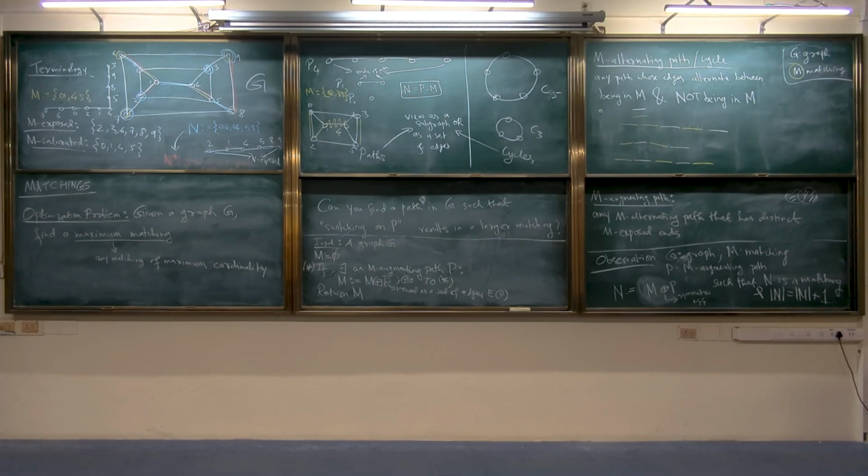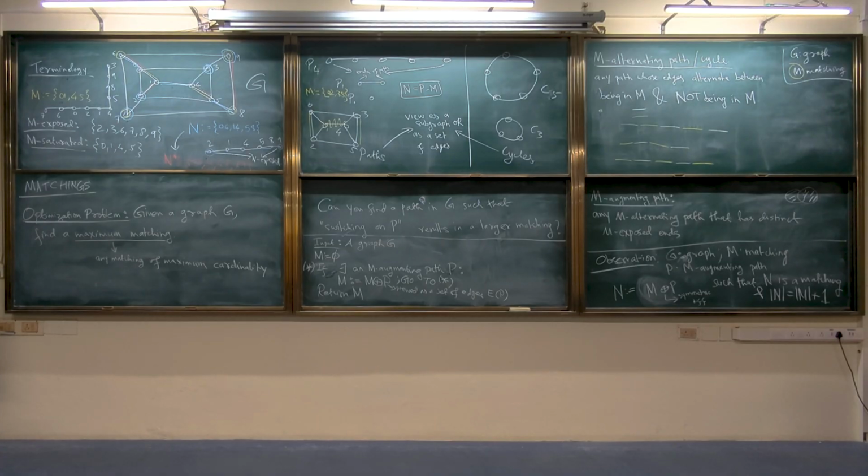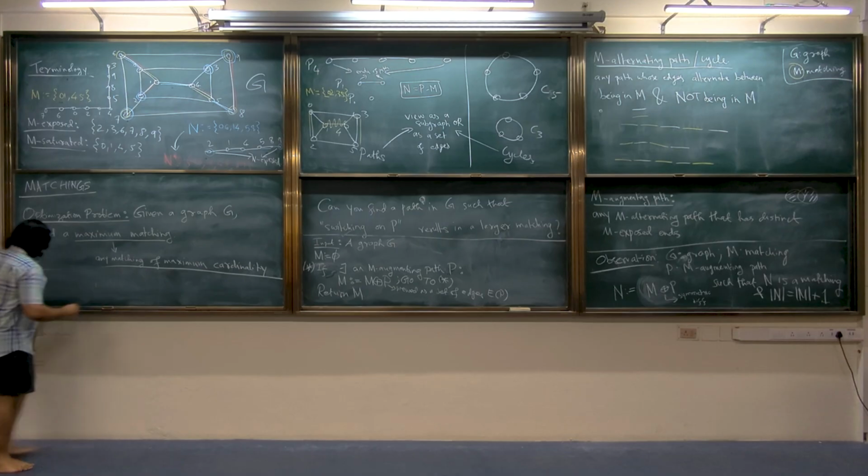Okay, yeah, so if we have a maximum matching, we should not have an augmenting path, and vice versa. Can you tell me the whole if statement? The graph has an augmenting path if and only if M is not the maximum matching. That's it, right?